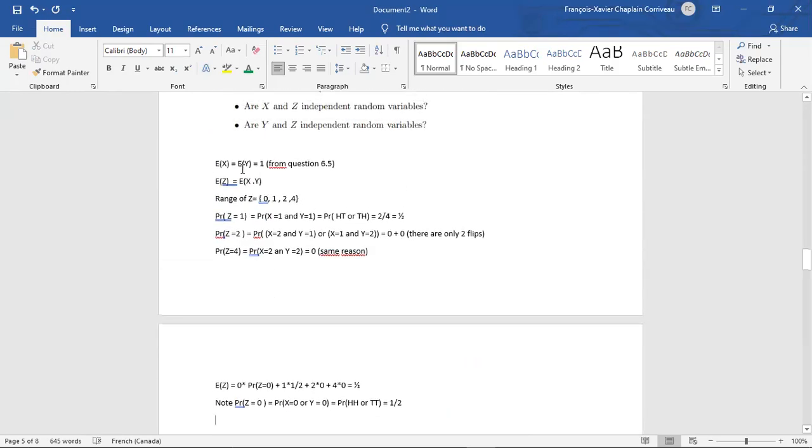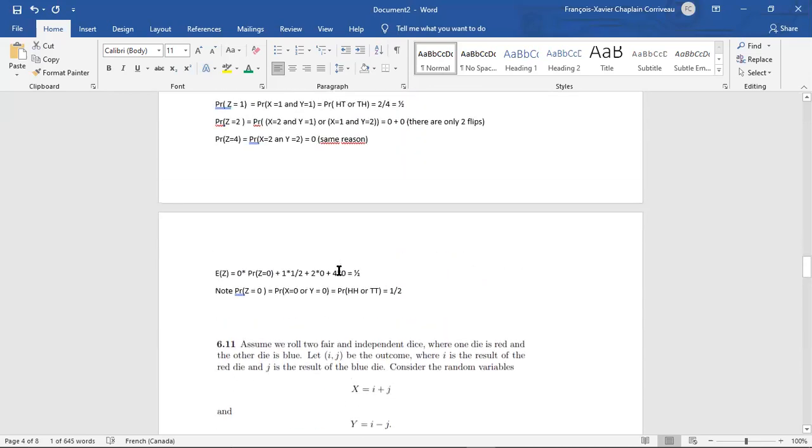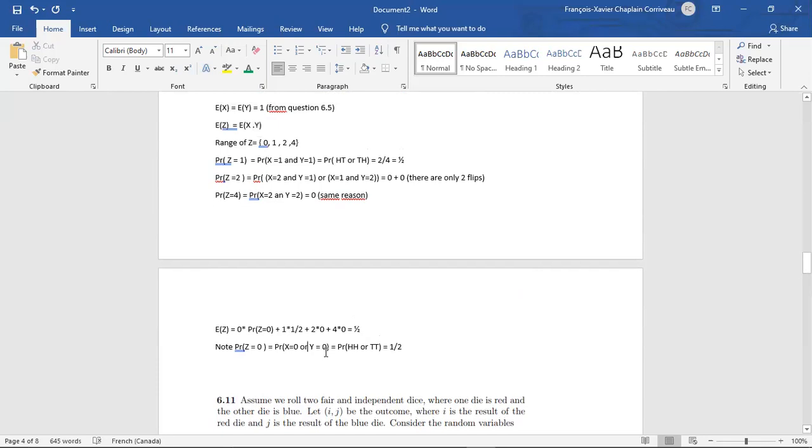So z is the product of x and y. So z is equal to 0 if this guy is equal to 0 or this guy is equal to 0. Correct? If we and, like, it will be the same reason, right? Will it be a difference? Because the rest of them we used and. Yes, but here, well, here, carefully, right? We used or here.